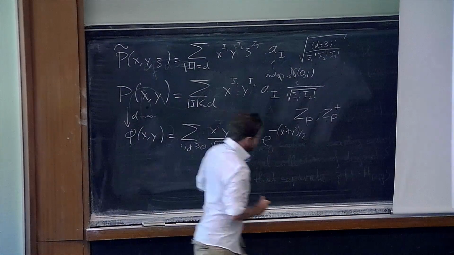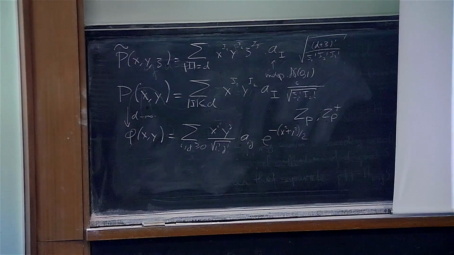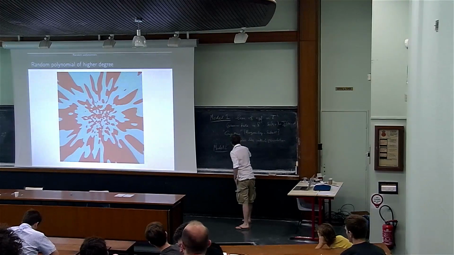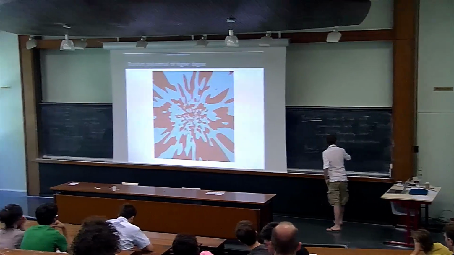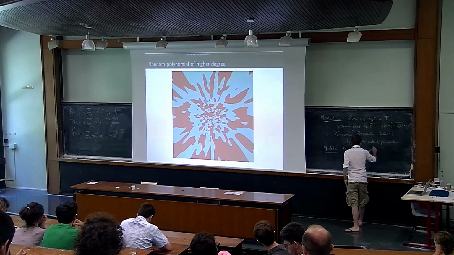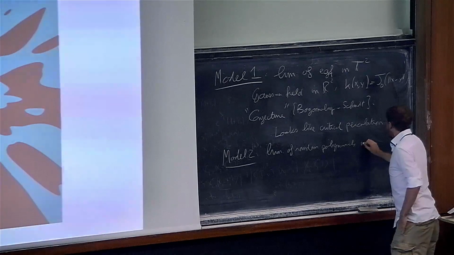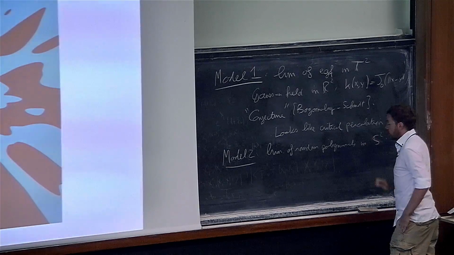So this is our model number 2, which is the limit of random polynomials, so they were in S2 or in R2.